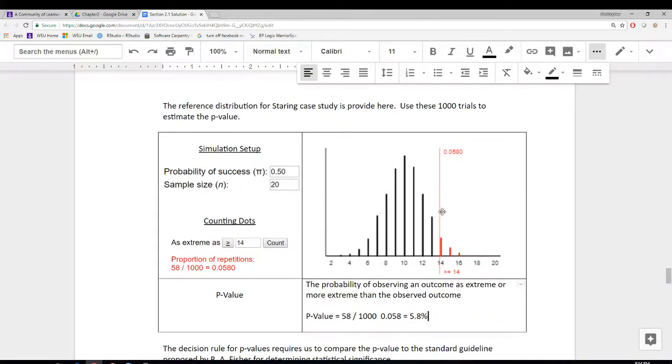So there's about a 5.8% chance that somebody with no ability will get 14 or more correct. 14 does not sit in the top 5%. It actually sits in the top 5.8%. Therefore, 14 is not an outlier.